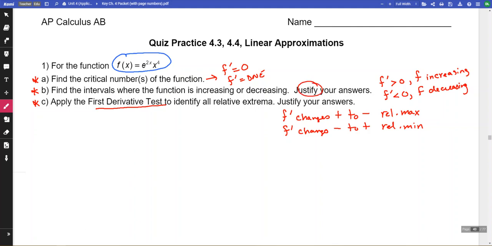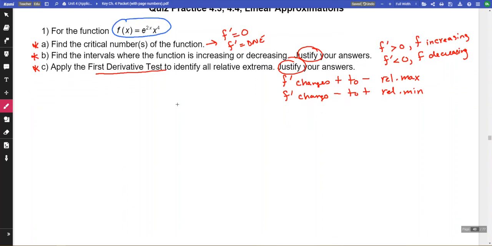And in general, your justifications are much better thought of before you start your work. So let's go ahead and start our work. We know that for our critical numbers, we're going to need to find our derivative. So using the product rule, f prime of x is going to be the first times the derivative of the second plus the second times the derivative of the first.